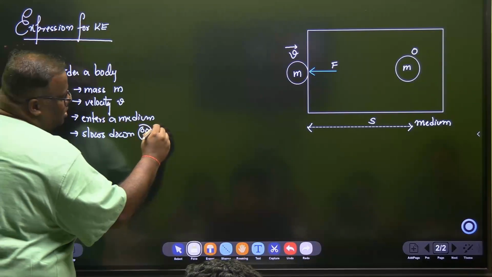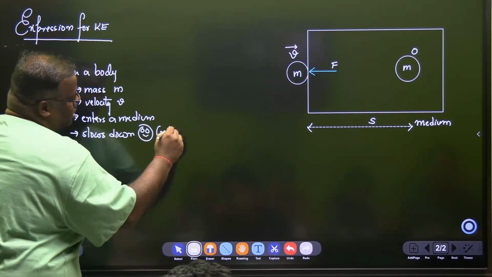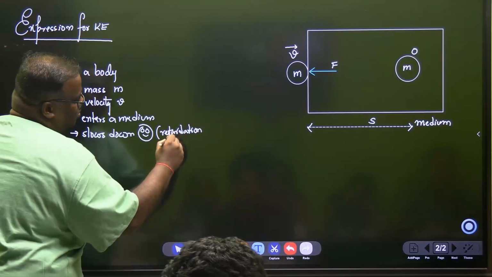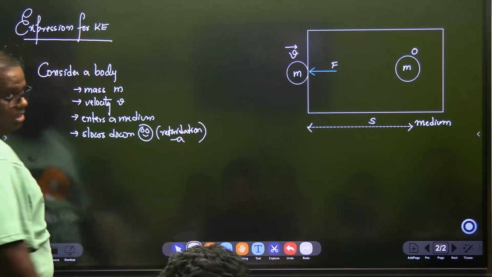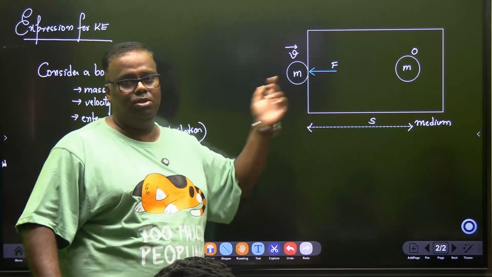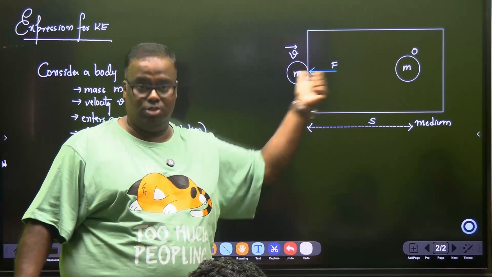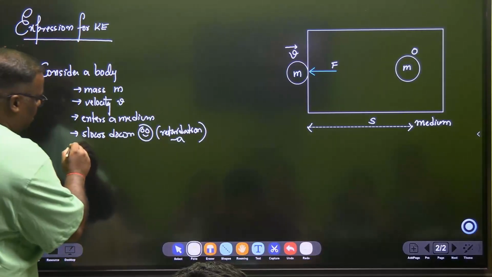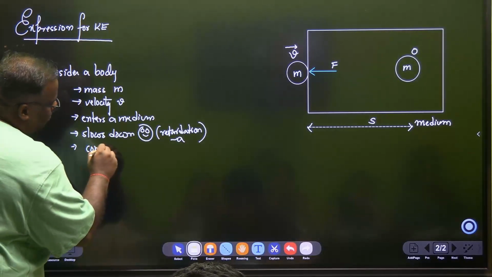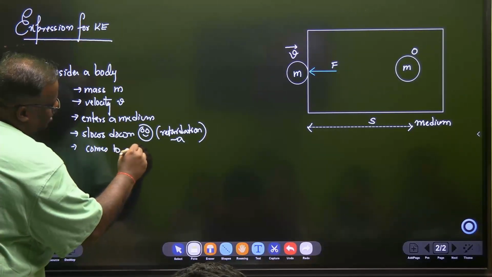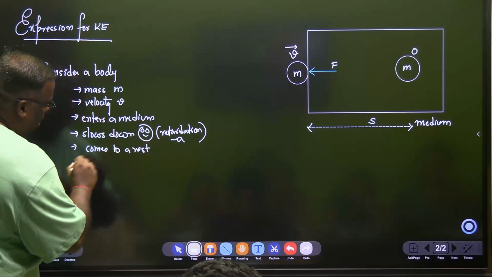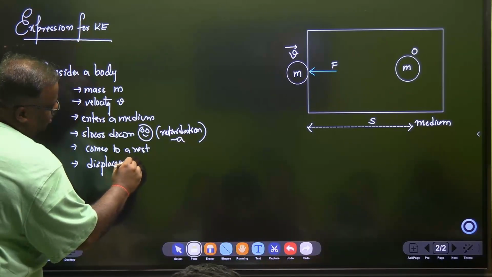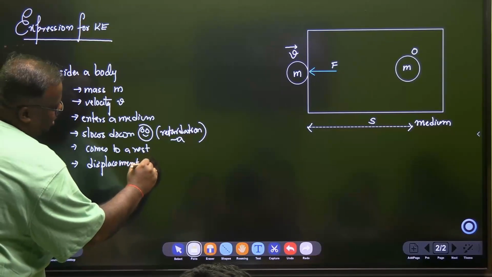Slows down means retardation is happening. Please keep it in mind. Retardation is happening. That means a negative acceleration is acting because this force is opposing you. So the acceleration is also in the opposite direction. So the body slows down and then comes to a rest, right? Undergoes a displacement which is equal to S.